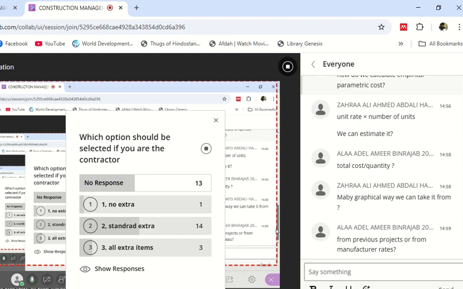Yeah, anyone? What about the others? Anybody who selected any option, would they like to give me a reason for that? Or you just selected at random?